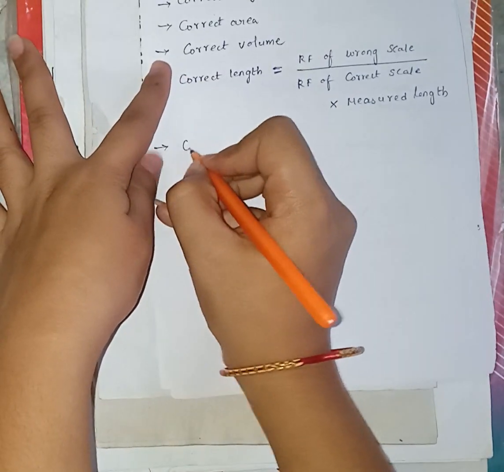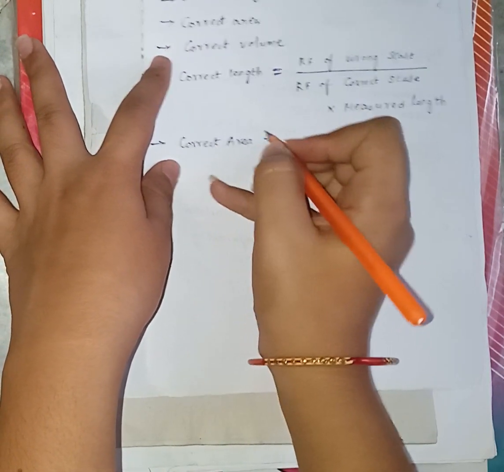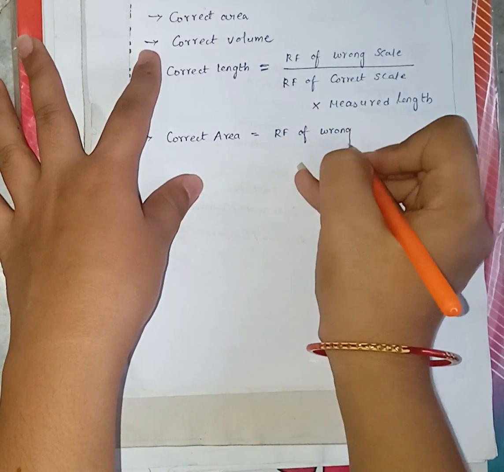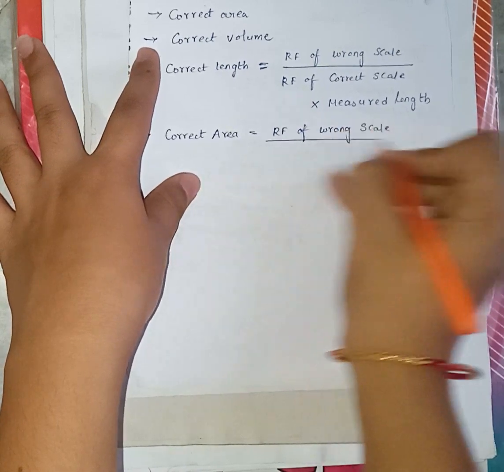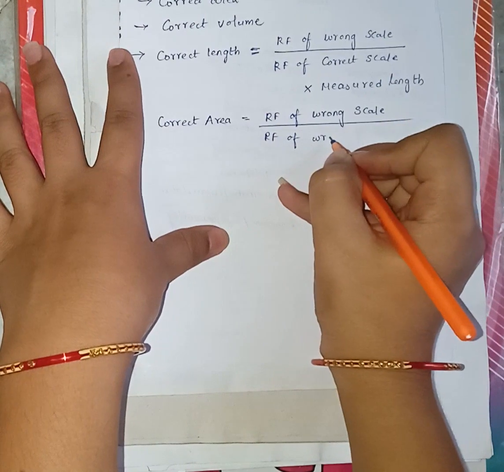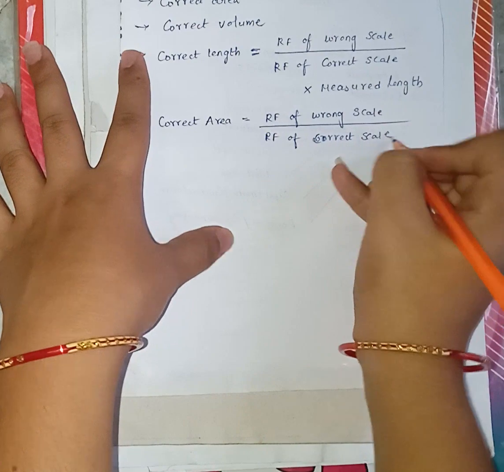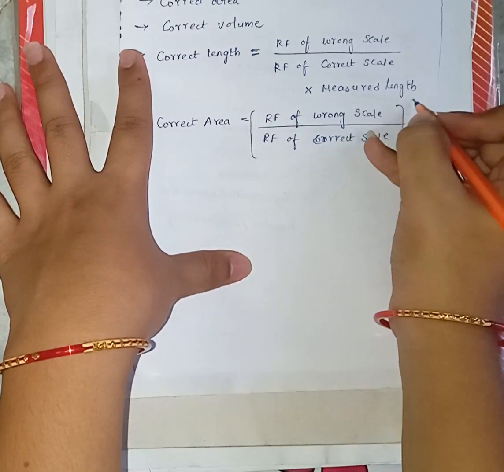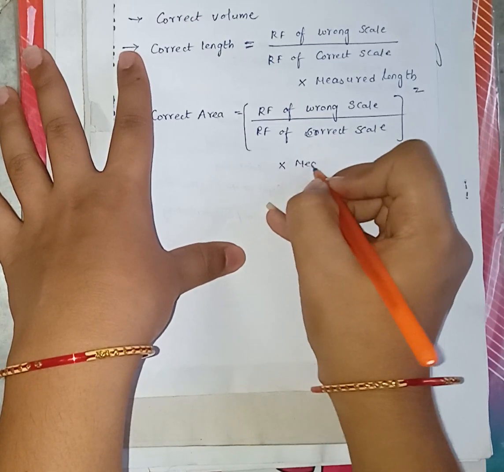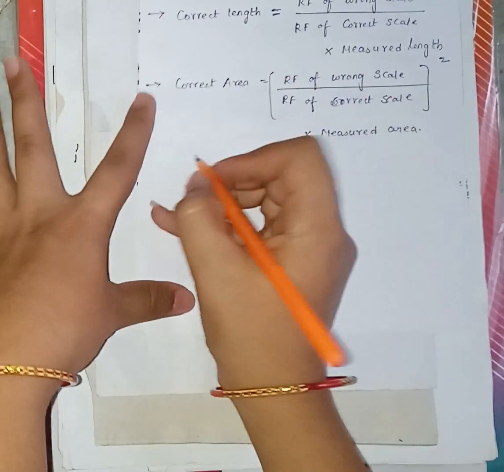Similarly, whenever we want to find the correct area, when the area is wrong, the correct area can be found out by using the representative fraction of wrong scale divided by the representative fraction of correct scale, whole square, because we are finding area, into measured area. This is the formula for correct area.